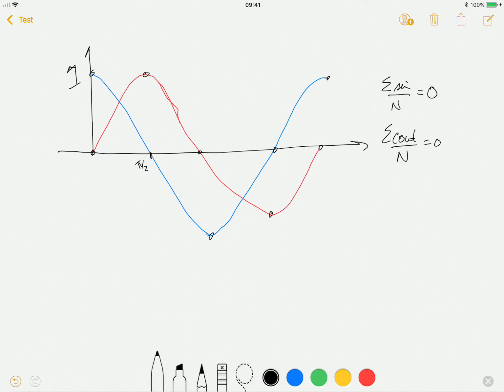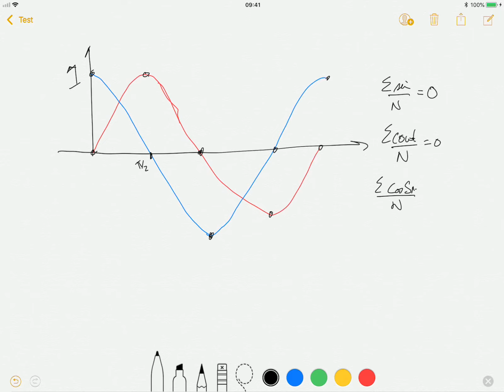It's also equal to 0. And the sum of cos and sine over n, that's because they are phase shifted. So the multiplication of these two points here is 0, multiplication of these two points is 0, these two points are 0. But this only holds true if our points are equidistant apart.